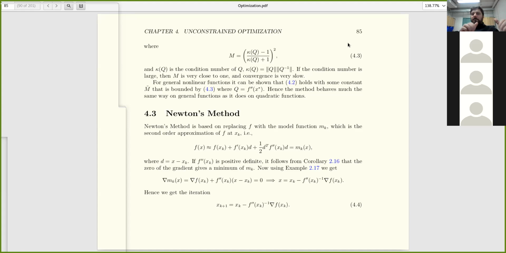Instead, you can think of it as a multi-dimensional function, and we look at this now as a quadratic form. We approximate it locally: we're at this point, and we get the Hessian and the gradient. So let's say the gradient points in that direction, and then we have the matrix.